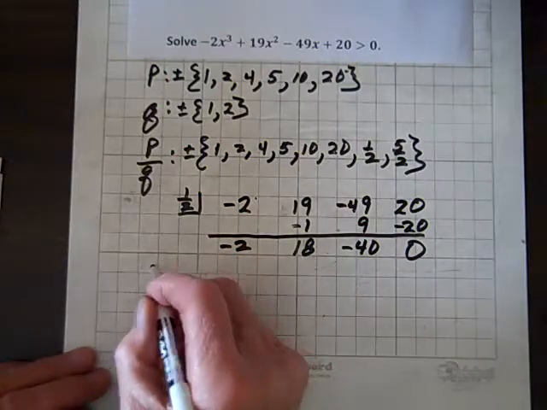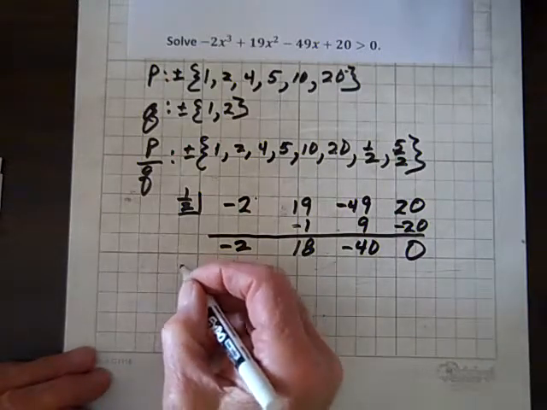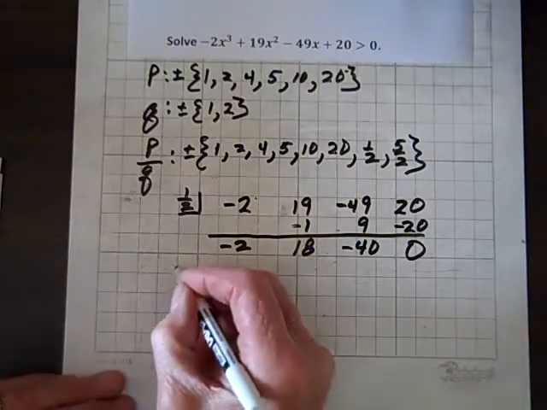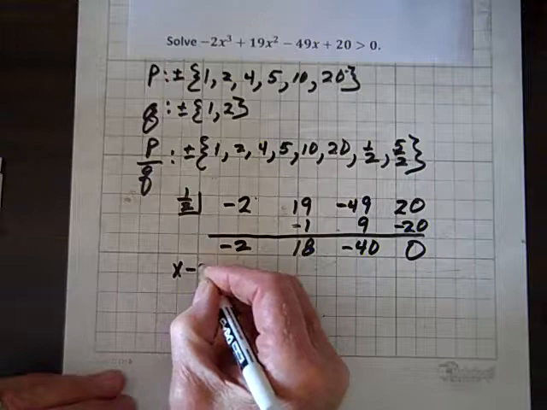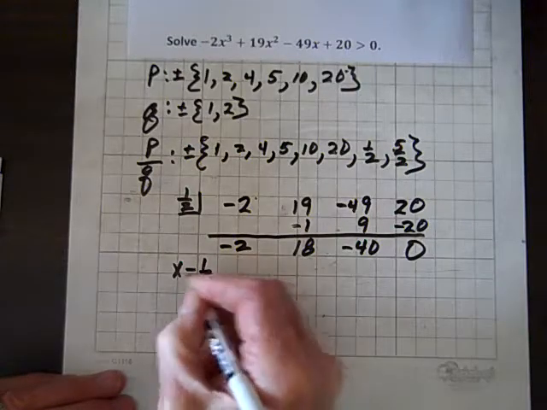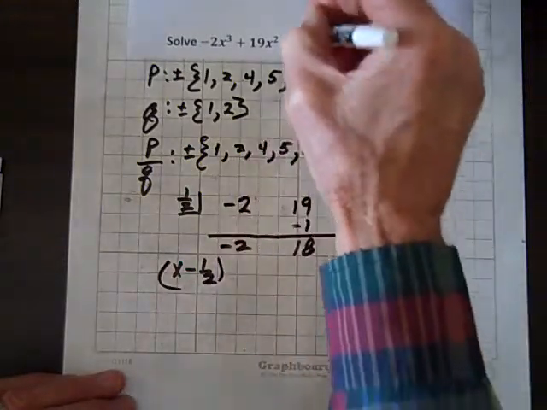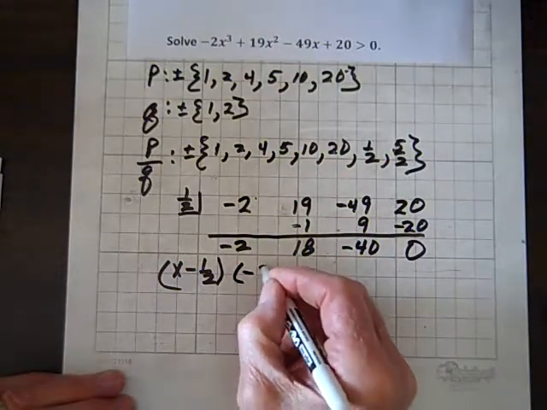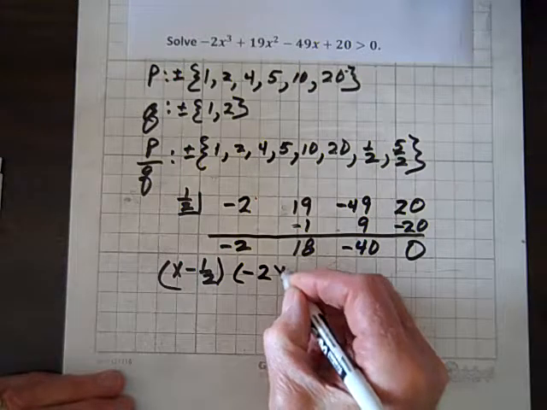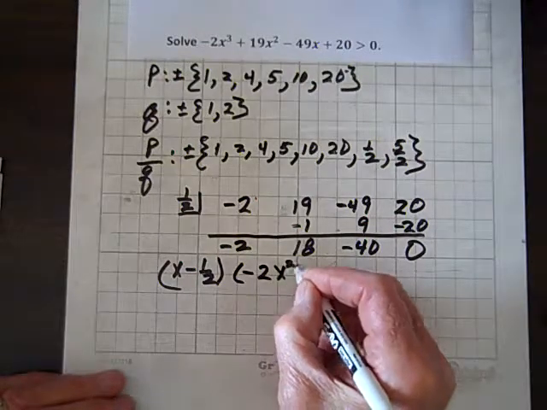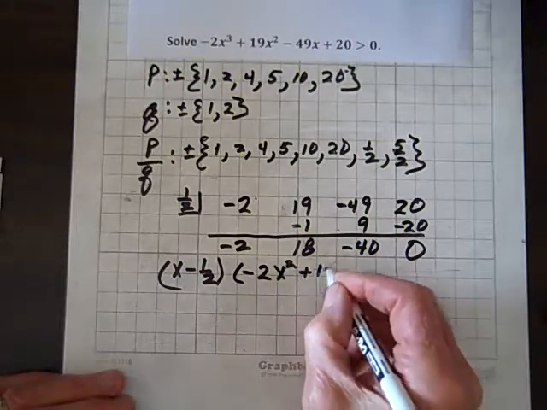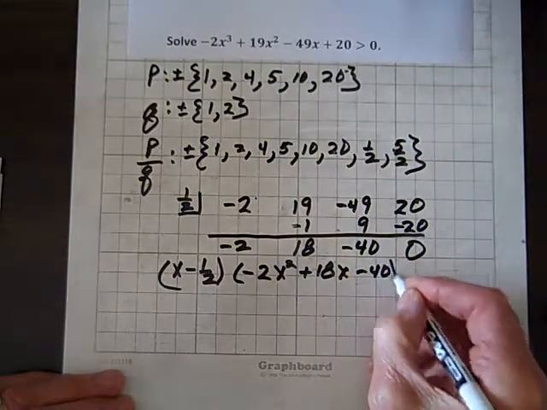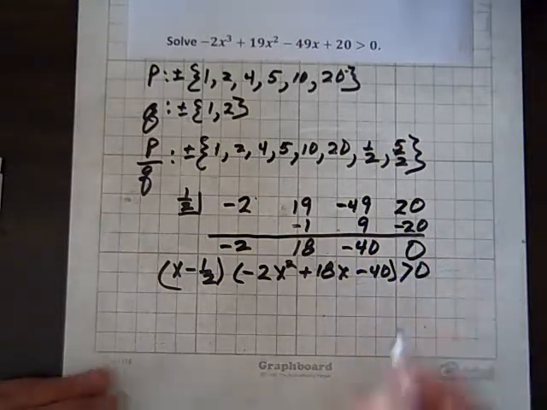So now we can write this quotient as, or in factored form, we can write this as x minus 1/2, and what we're writing is this thing, what we started with in factored form, times -2x squared plus 18x minus 40 is greater than 0.